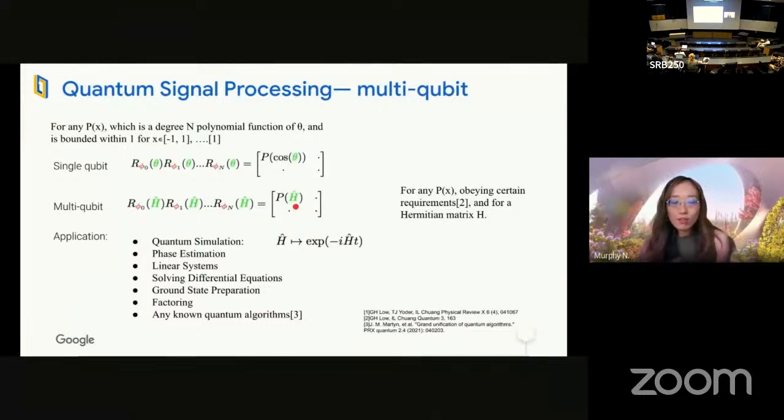So what we can do with this capability is essentially every single quantum algorithm can then be realized. For example, quantum simulation algorithms require us to implement exponentiation of a target Hamiltonian. And we can realize the same task by polynomial approximation of this exponentiation function.